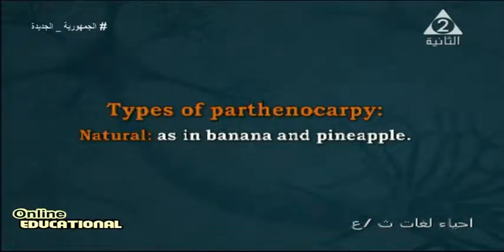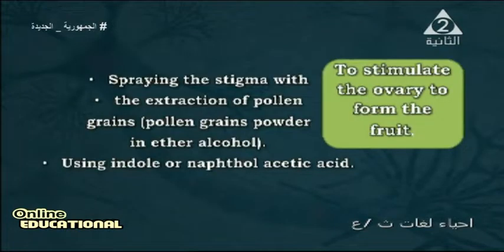What are the types of parthenocarpy? Natural parthenocarpy, as in banana and pineapple. The other type is spraying the stigma with an extraction of pollen grains, which means you take the stigma of the plant and stimulate it to produce fruit by extracting the pollen grains and putting this powder in ethyl alcohol or ether, using indole or naphthalene acetic acid.